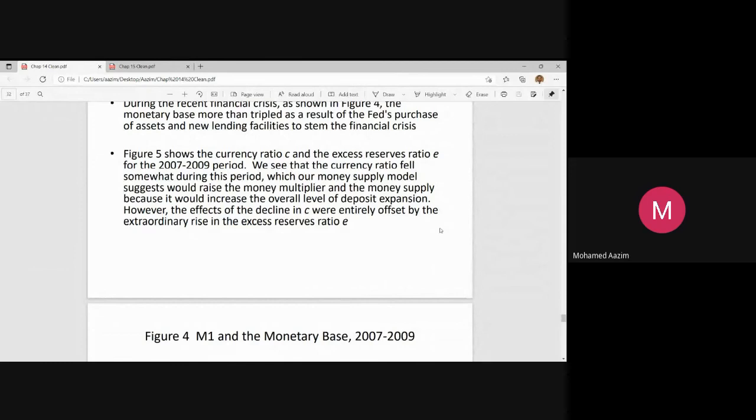But the behavior of banks during this period was that they became increasingly risk averse by expanding the excess reserve ratio. They were worried about the quality of other economic agents' assets in their portfolios.